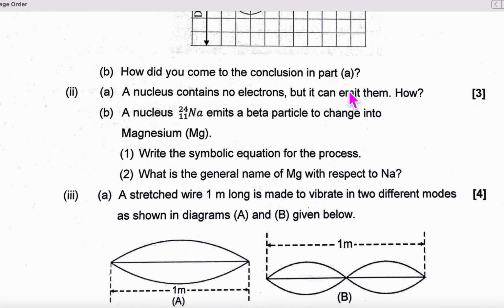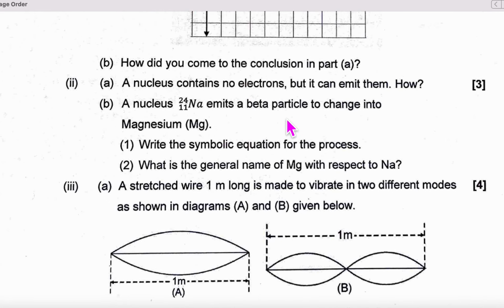Nucleus contains no electron, but it can emit one. How does a beta particle come? What you will say is that one neutron splits into a proton and an electron. Do you remember this? Yes. So inside the nucleus there is a neutron which splits into a proton and an electron. When does it happen?